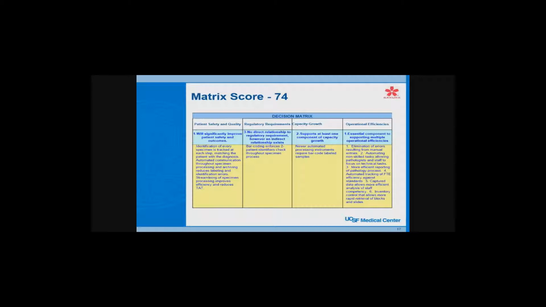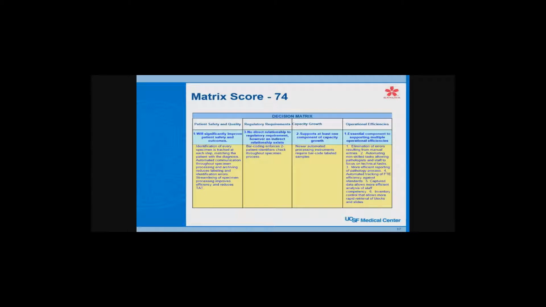Maybe you have to do a much more extensive justification, maybe quite different. But this decision matrix comes out like this in this grid, and they score it. And I'm not sure how they came up with a score of 74. 100 is perfect. In other words, they buy it for you right away. Anything above 70 is good and goes on the list for a capital approval.